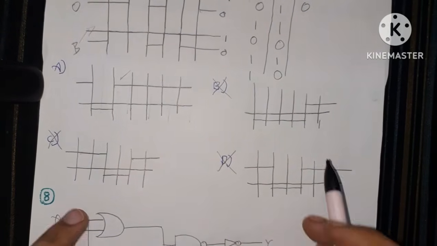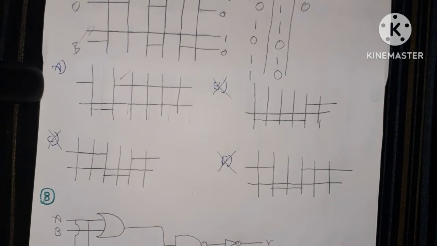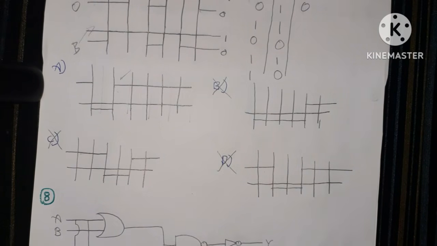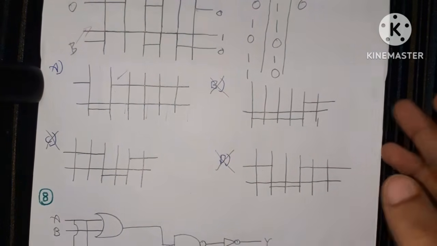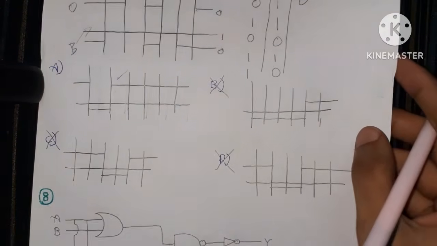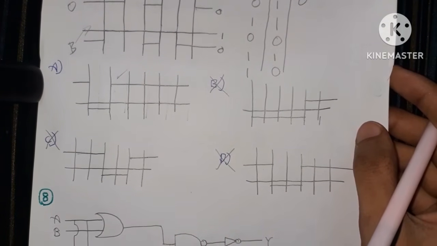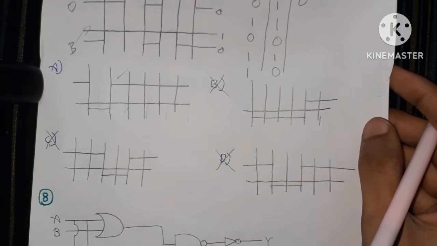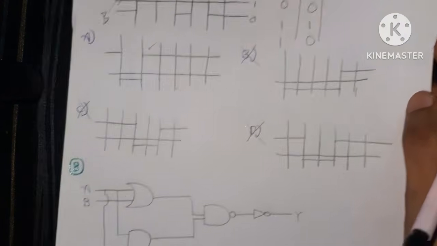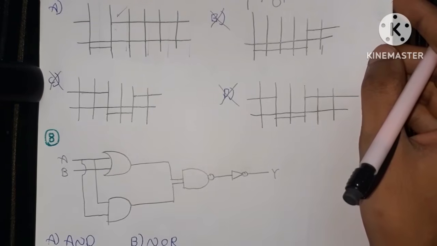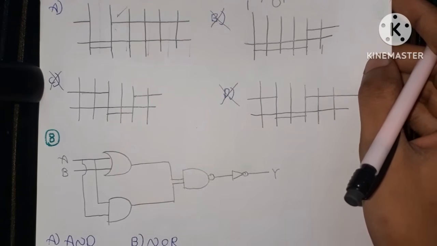It is very simple. This is how you need to deal with these graph questions in logic gates. If you follow these small steps in logic gates, 4 marks are guaranteed. Okay, next we will go through the next question.